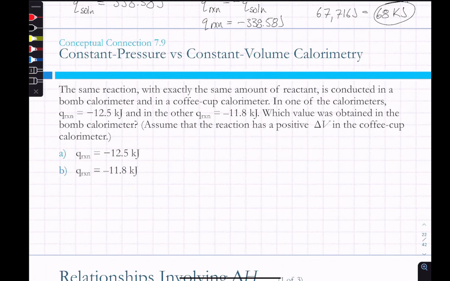So, same reaction with exactly the same amount of reactant is conducted in a bomb calorimeter and in a coffee cup calorimeter. In one of the calorimeters, Q equals 12.5 kilojoules, and in the other, Q of reaction is negative 11.8 kilojoules. Which value was obtained in the bomb calorimeter?